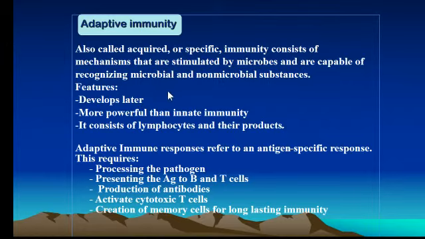This slide is talking about adaptive immunity, also called acquired or specific immunity. It consists of mechanisms that are stimulated by microbes and are capable of recognizing microbial and non-microbial substances.